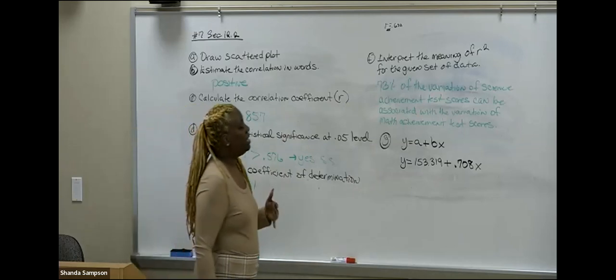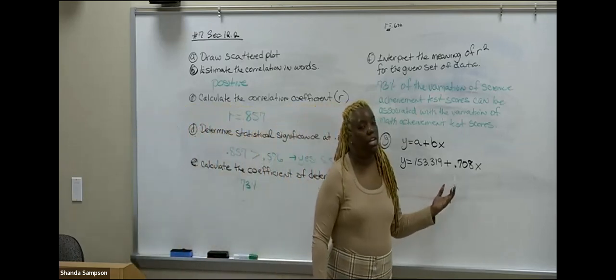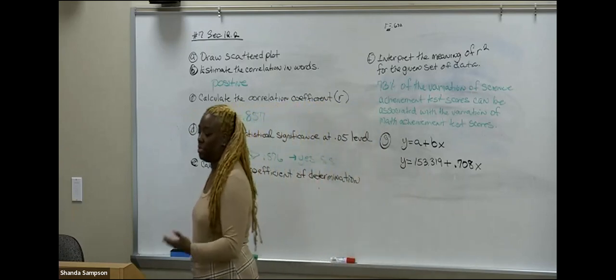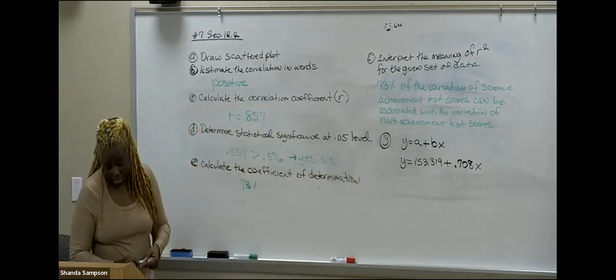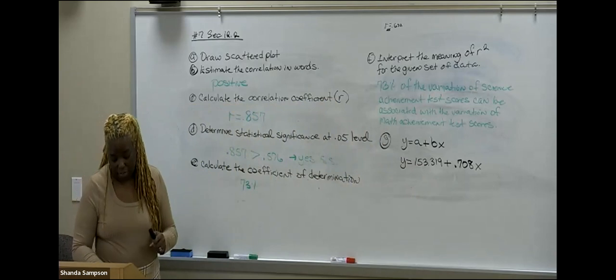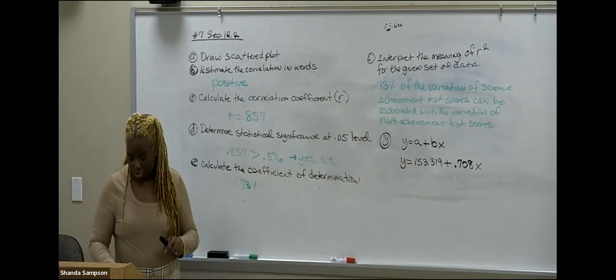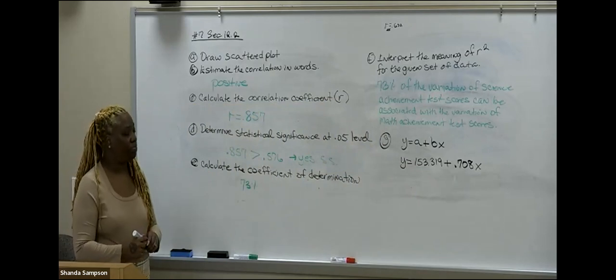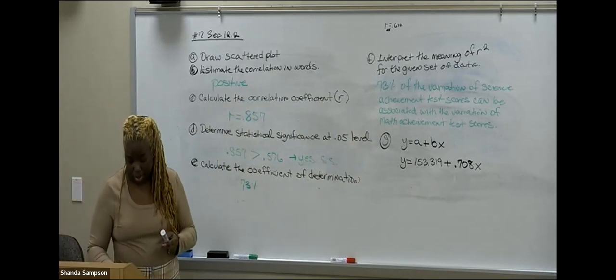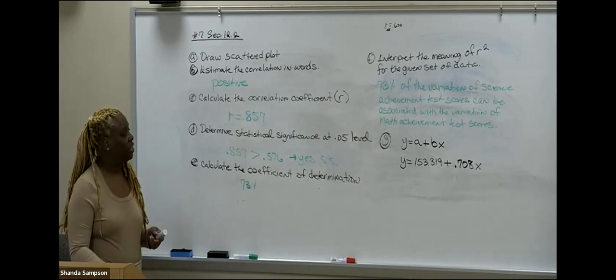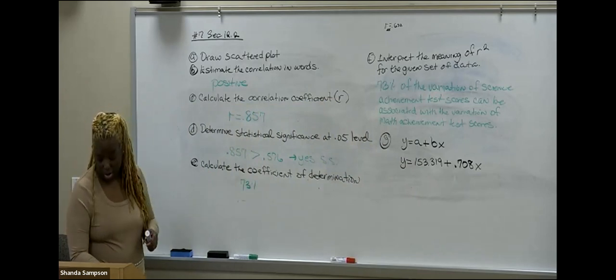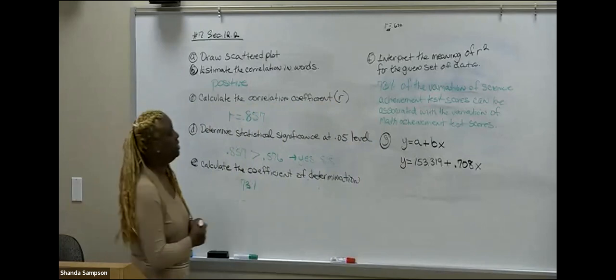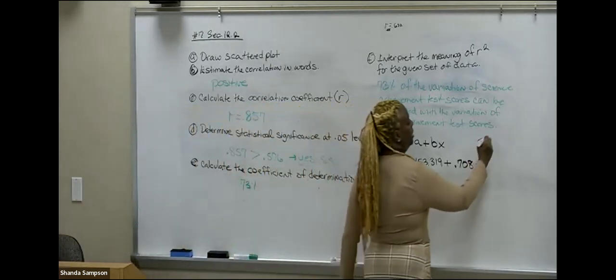So anyway, this is your linear regression line. You need your linear regression line to make a prediction. So the question asks, predict the average science score for a country with an average math score, all right? If you look at the problem, you'll know that X was the math score.